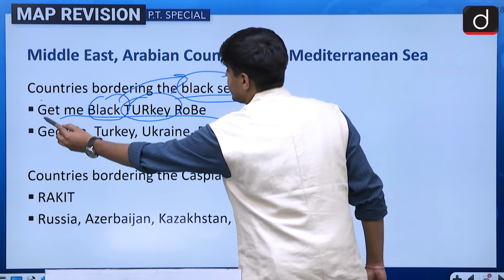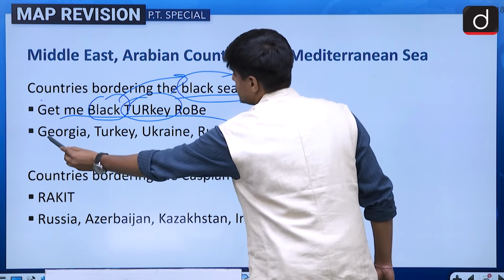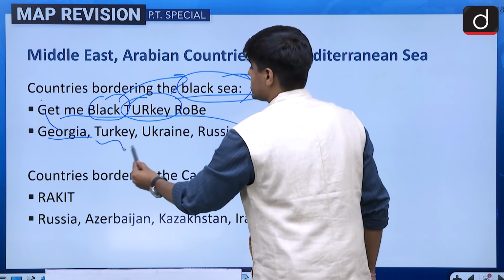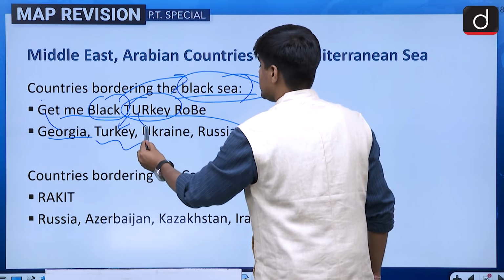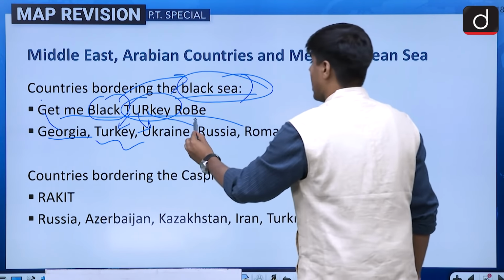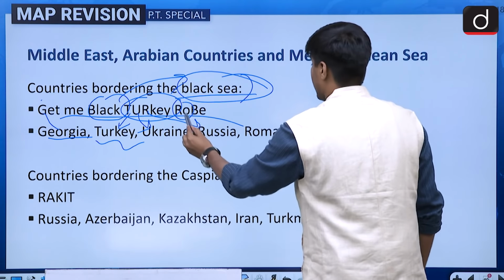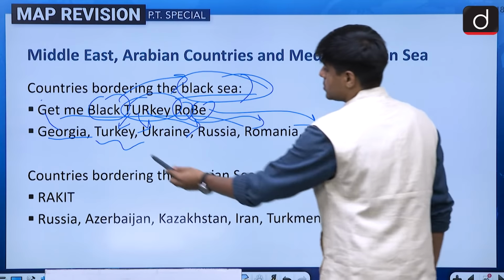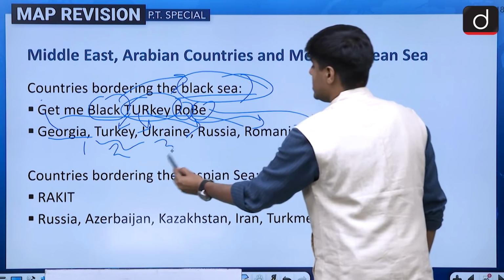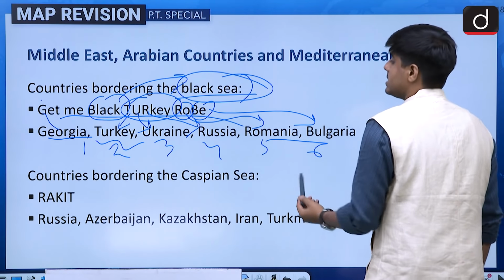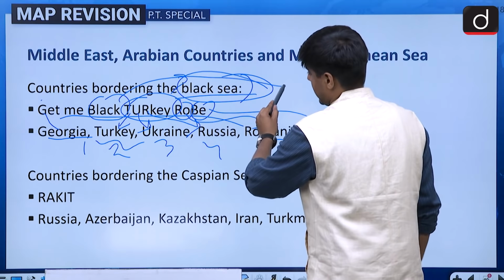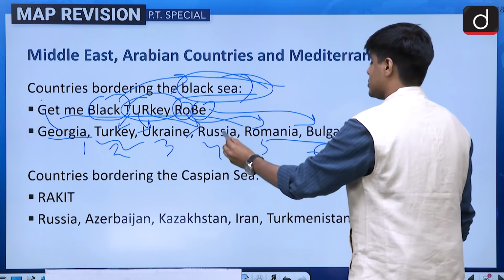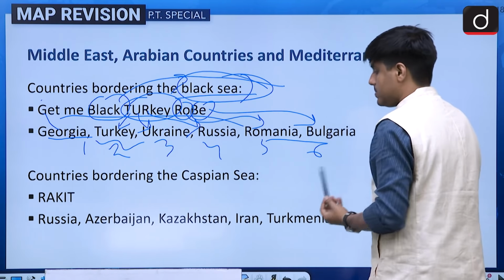So it includes G for Georgia, T for Turkey, U for Ukraine, R for Russia, RO for Romania, and B for Bulgaria. So six countries border the Black Sea: Georgia, Turkey, Ukraine, Russia, Romania, Bulgaria.